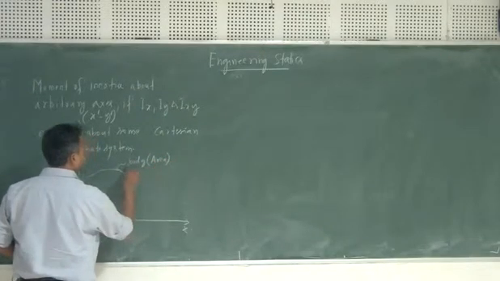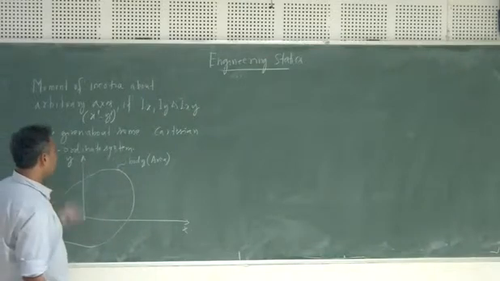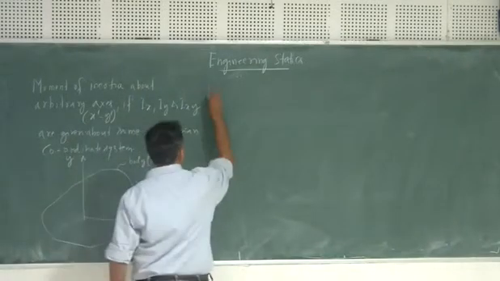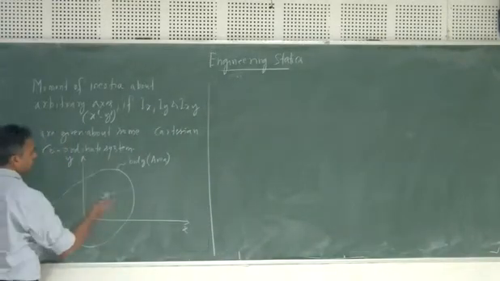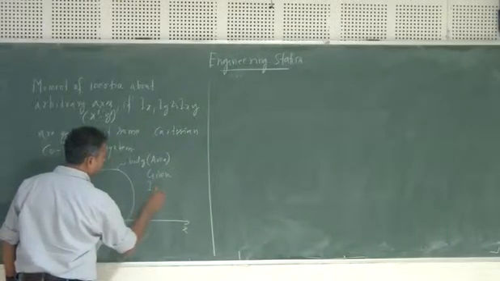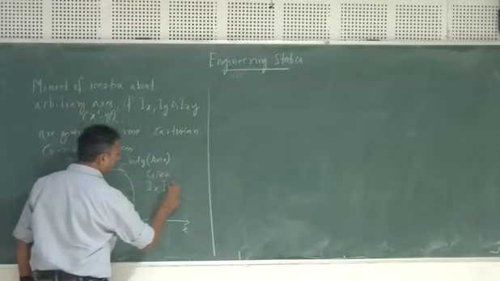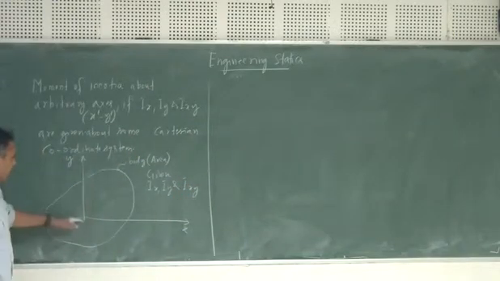Right now we are focusing on some x and y, and what is given here is Ix, Iy, Ixy about some axis.